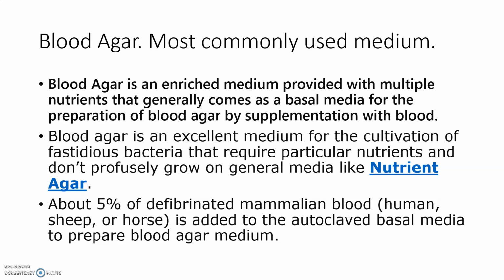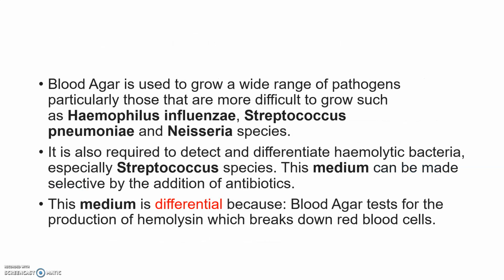So what happens in this condition? After the addition of this defibrinated blood, it is kept in the autoclave for sterilization. Next, blood agar is used to grow a wide range of pathogens, particularly those that are difficult to grow, such as Haemophilus influenzae, Streptococcus pneumoniae, and Neisseria species.